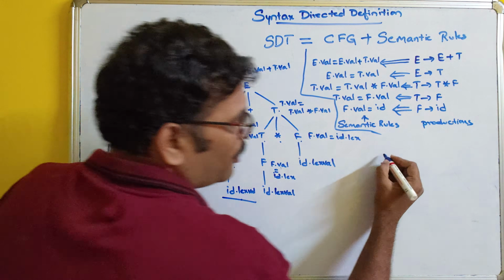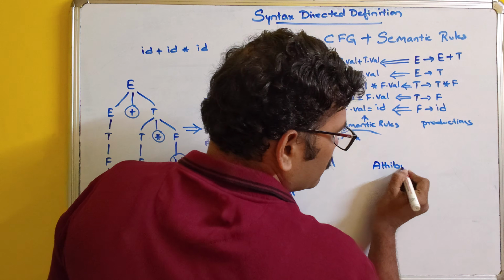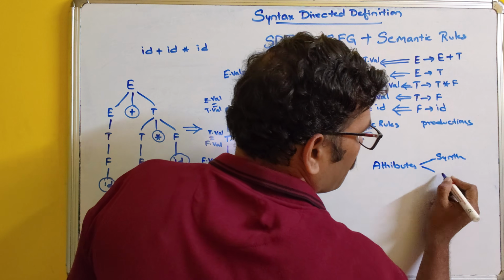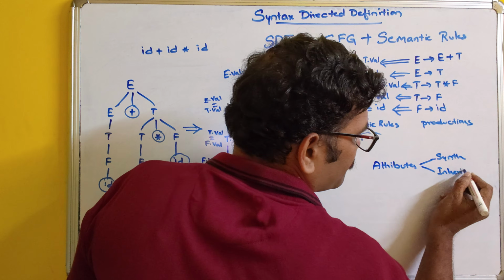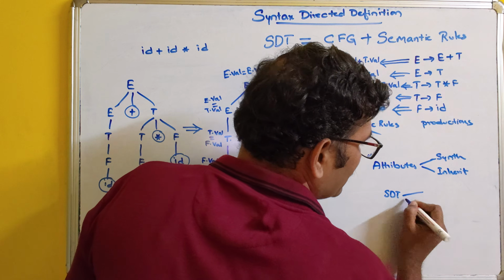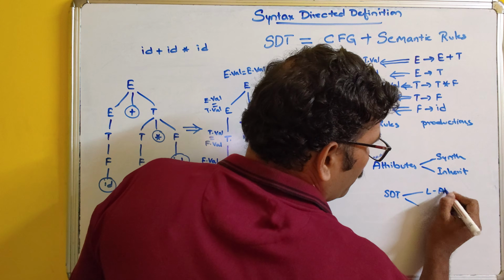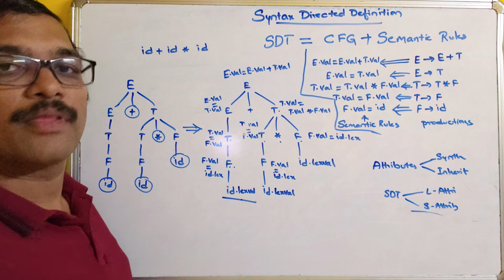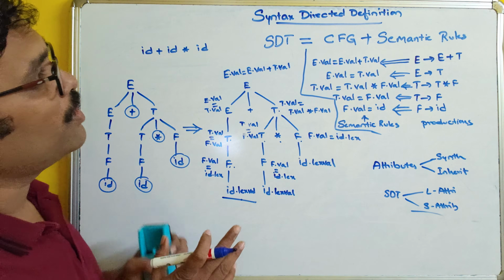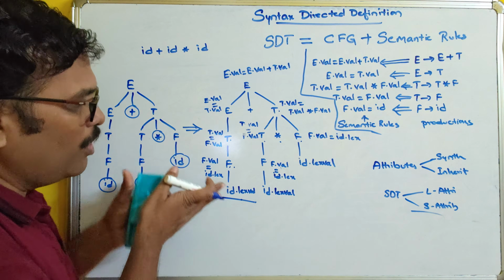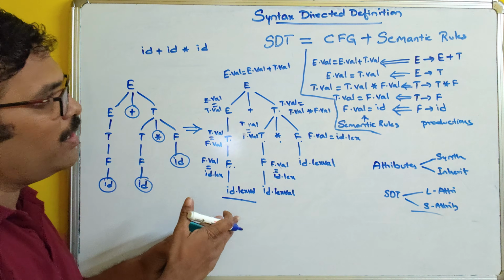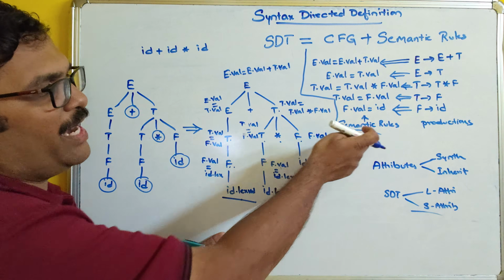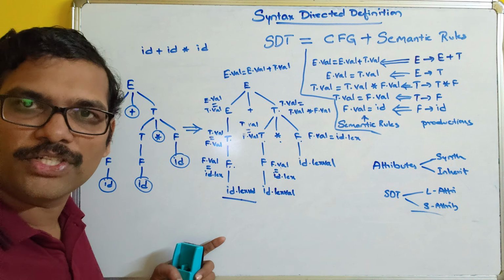So the attributes we have seen have two categories, synthesized and inherited. Similarly, SDT, syntax directed, L attributed, S attributed. Right? So this is all about our syntax directed definition. Whenever you are drawing the parse tree, that can be improvised with the help of the semantic rules given for each and every production.